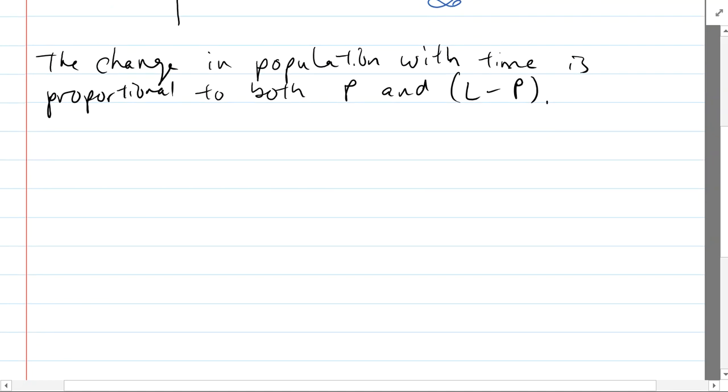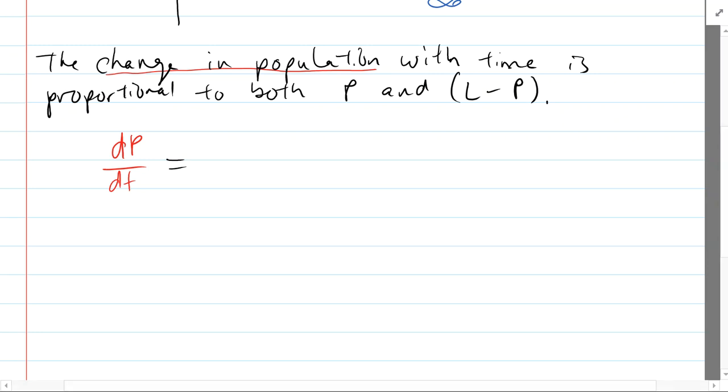Okay, what is change in population? So it's dP dt, right? So let's write this. I'm going to color code it. The red is dP dt, change in population with time. Does that make sense? "Is" is just an equal sign, right? I can just do that for "is."